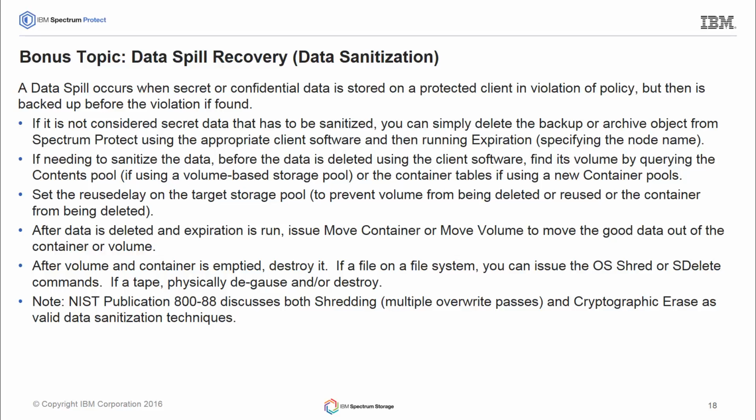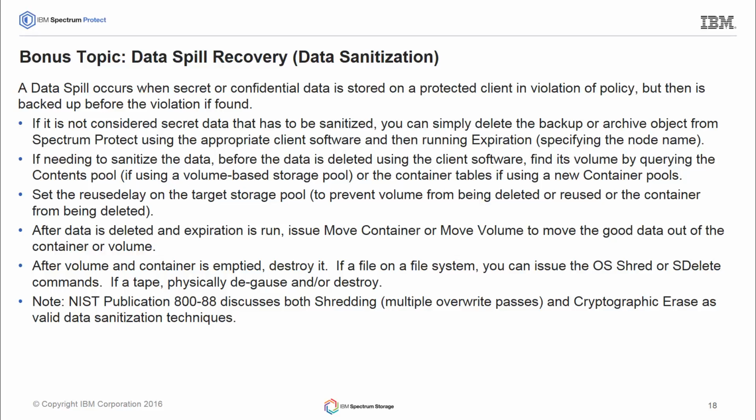The problem is, even after I've cleaned up the spill, it may be in the backups. So how do you go out there and clean up the backups? It all depends on what kind of storage pool you have. The first thing you do is find out where in your storage pool, whether it's in a volume or a container, that spilled data is stored.